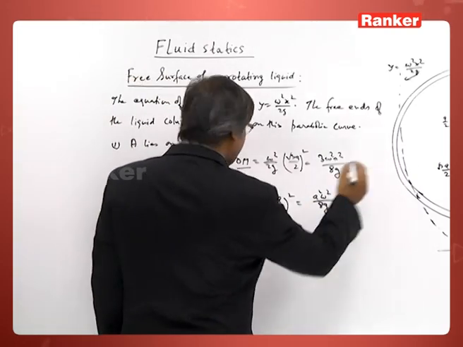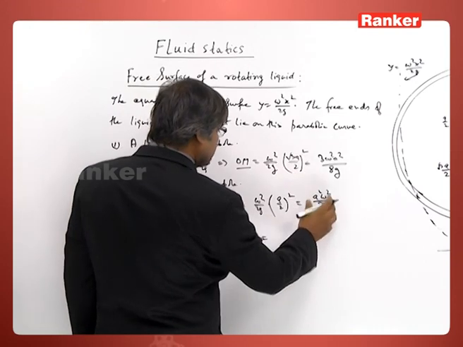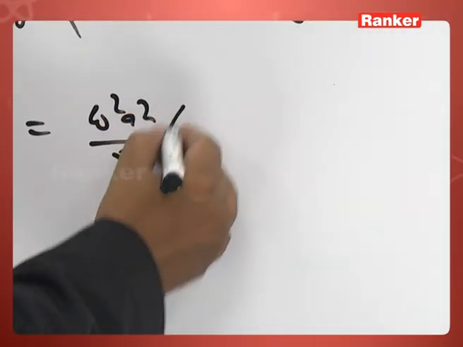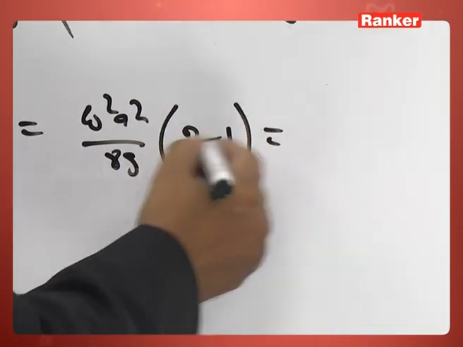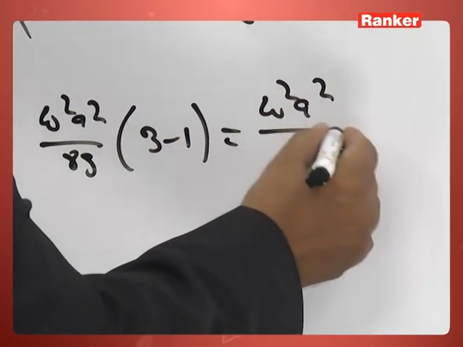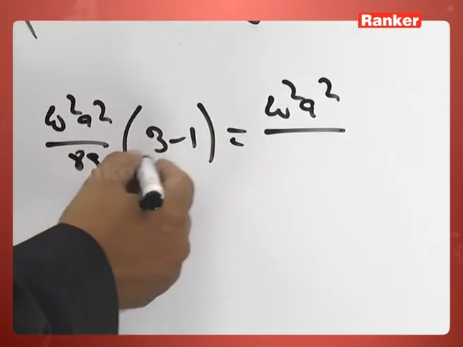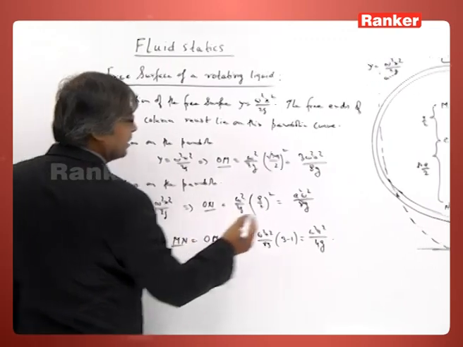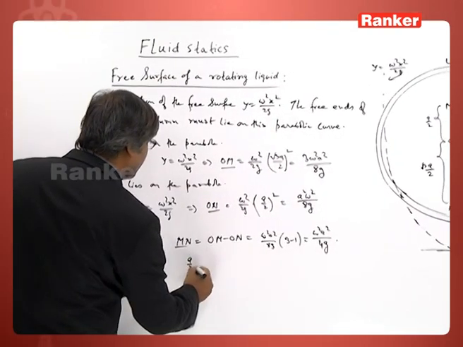We want MN, that is the difference of these two, that is omega square a square by 8g common, 3 minus 1, that is 2. So, omega square a square by 4g is MN.